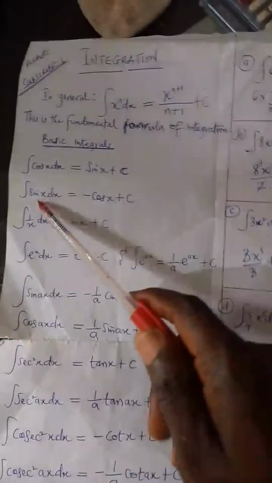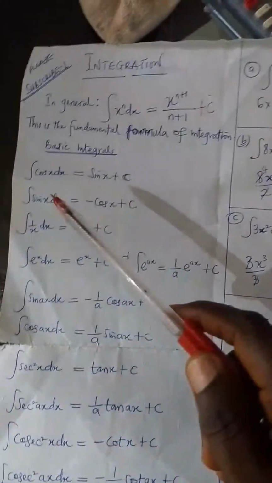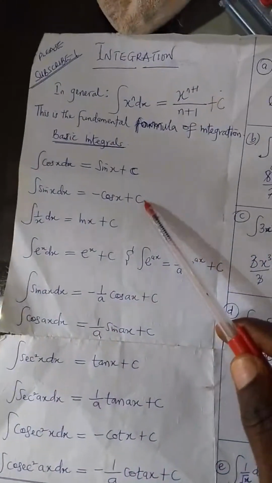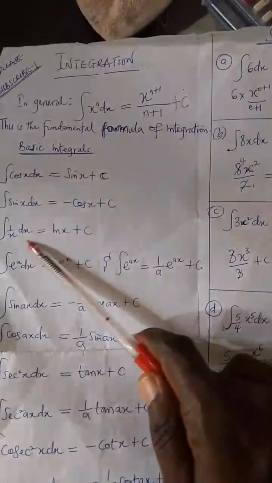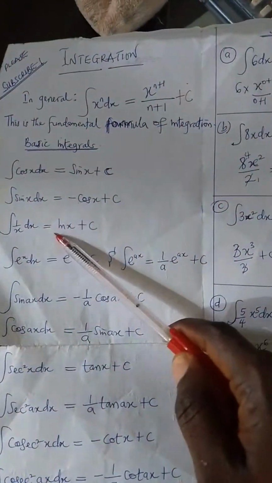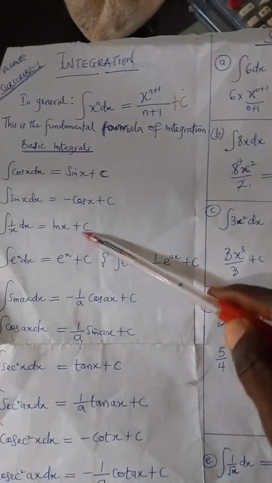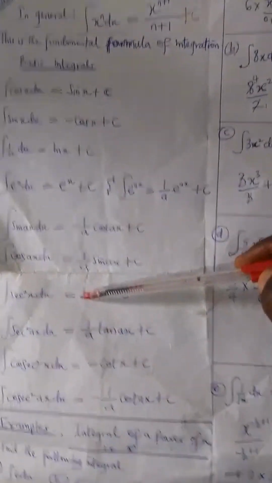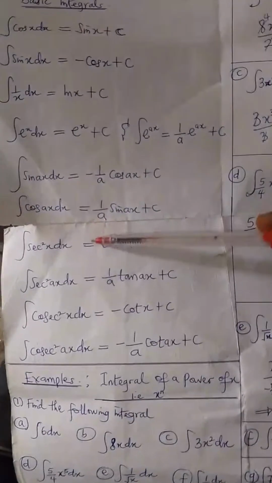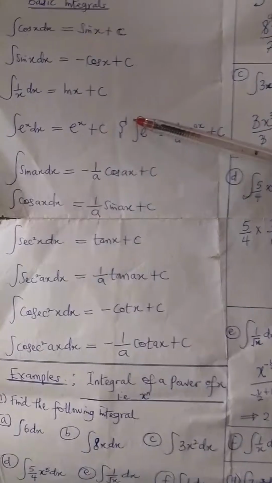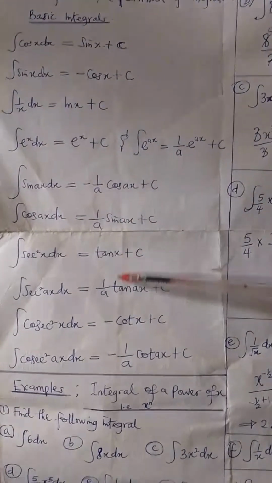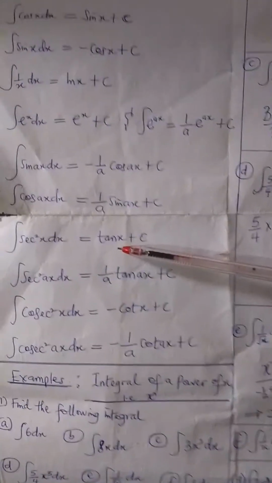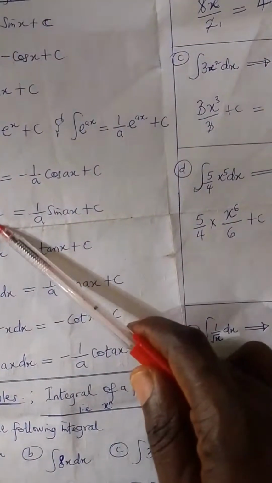Anytime you are dealing with an integral sign dx, you are going to be putting plus c as part of your answer. So 1 over x dx is ln x plus c. All of these are what you are going to take note of for us to solve any question under integration successfully.